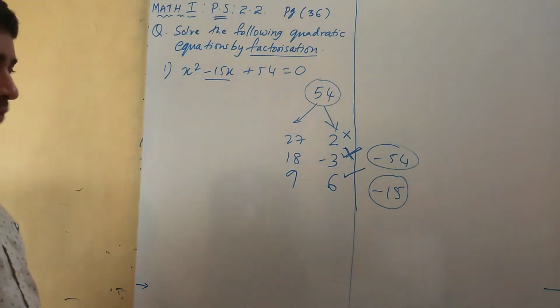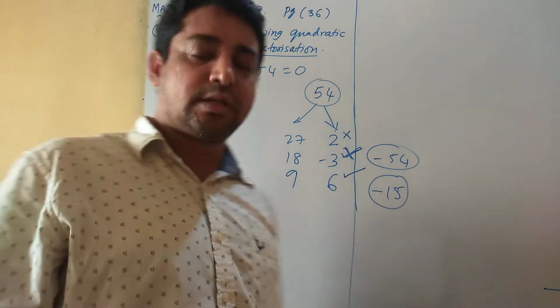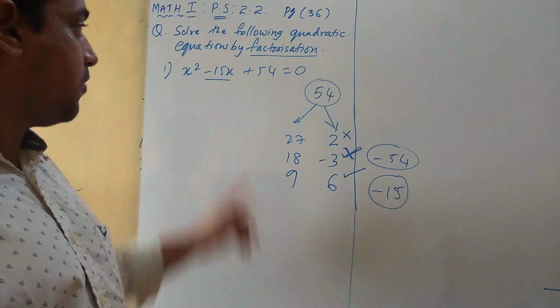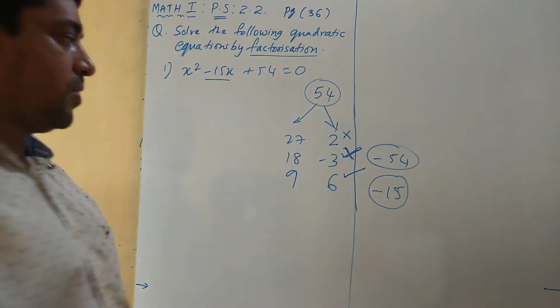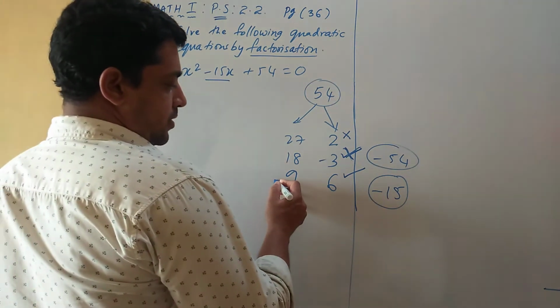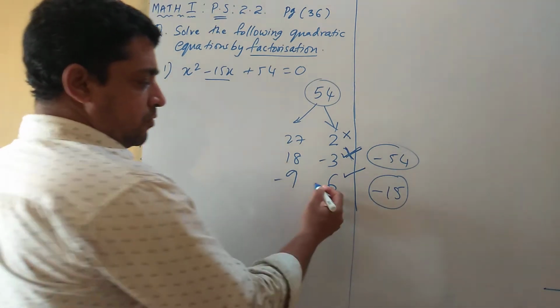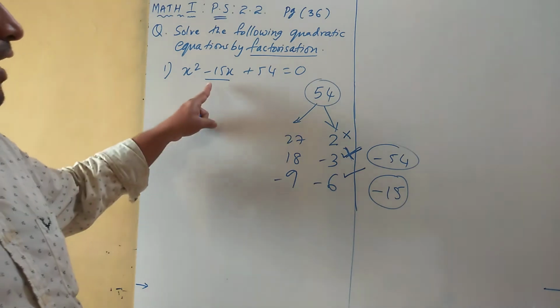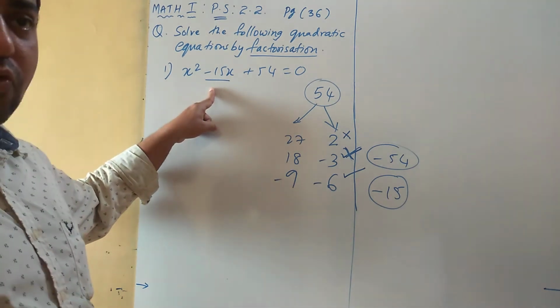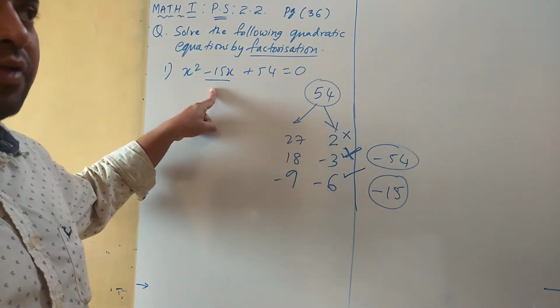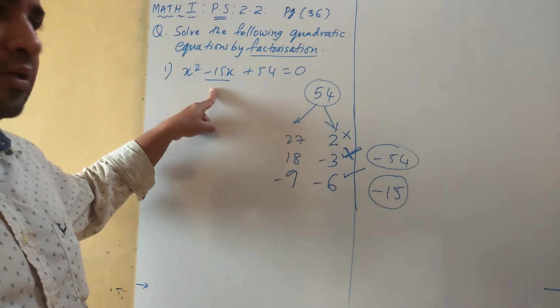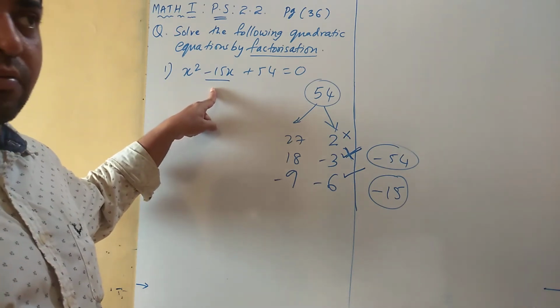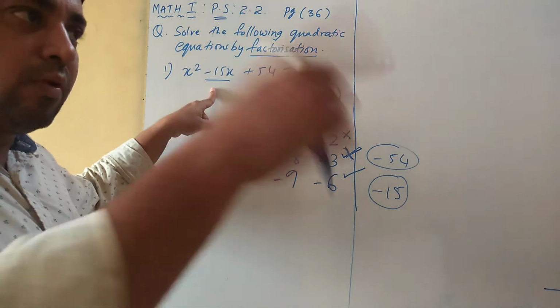Coming back to the next pair, the third pair. Let's check. Now I want minus 15. So I'll take 9 as negative and even 6 as negative. Then only I'll get negative 15. Check. You know the rule of integers. When we add two negative numbers, the total will be positive and the sign will be negative.